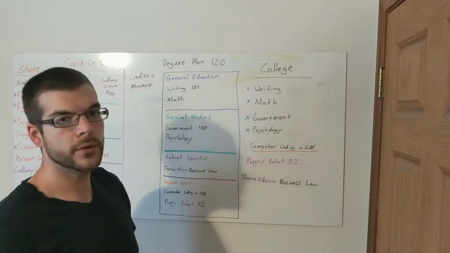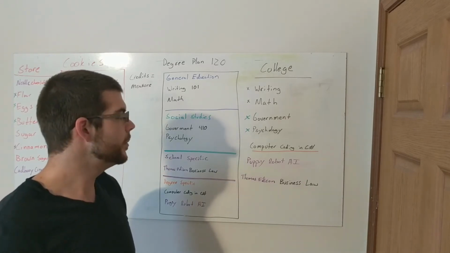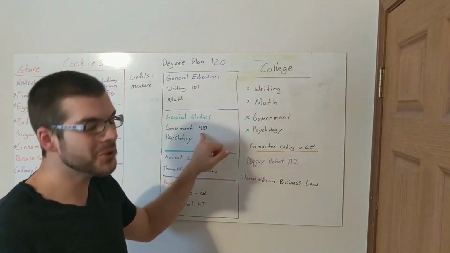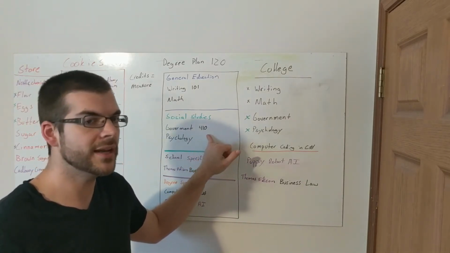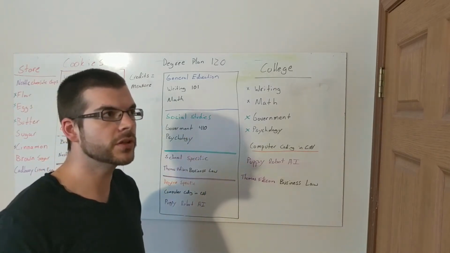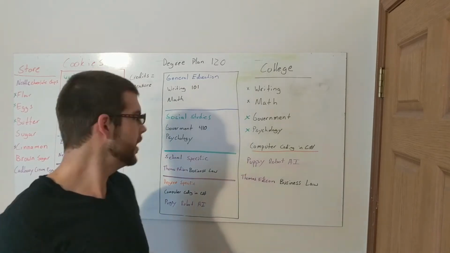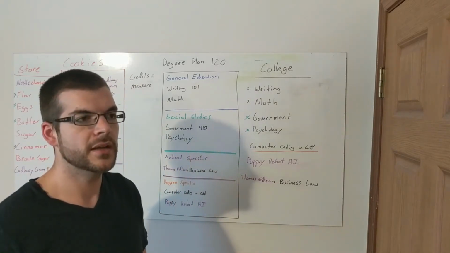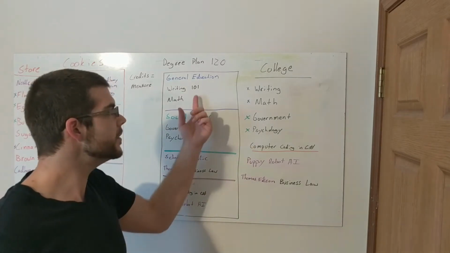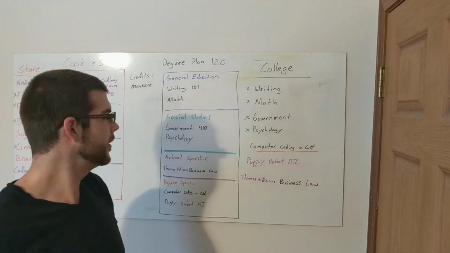Here's another moment where I think that our system is totally bupkis, right? Because if you can showcase to me that you can write a 15-page paper for government 410 and you clearly have a grasp of writing and articulation, utilizing information, etc., then why do you need to take writing 101? This is stupid.